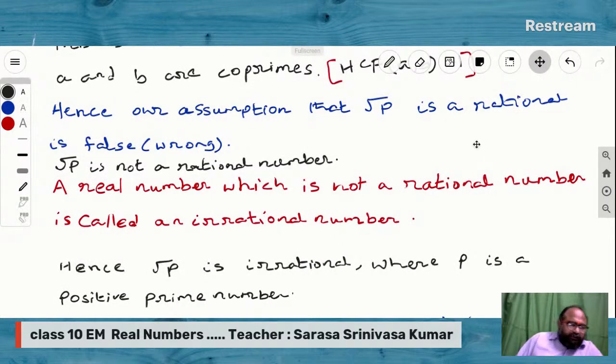So we write the definition of an irrational number. A real number which is not a rational number is called an irrational number. Hence, square root of p is an irrational number where p is a positive prime number.